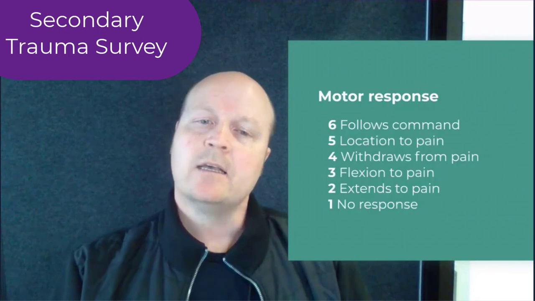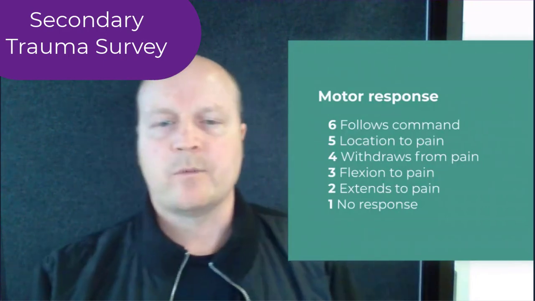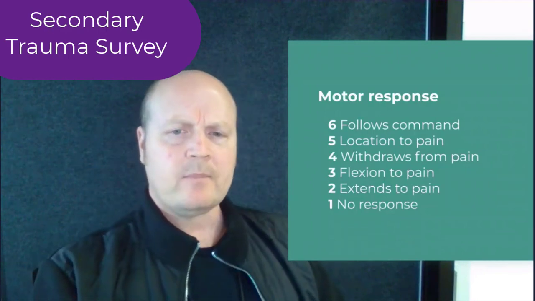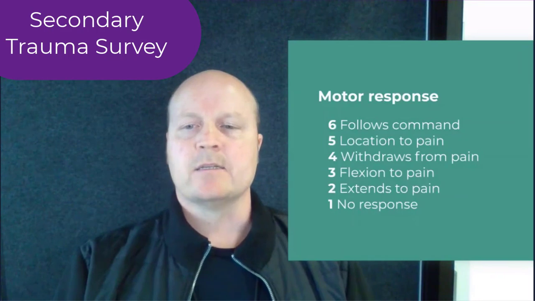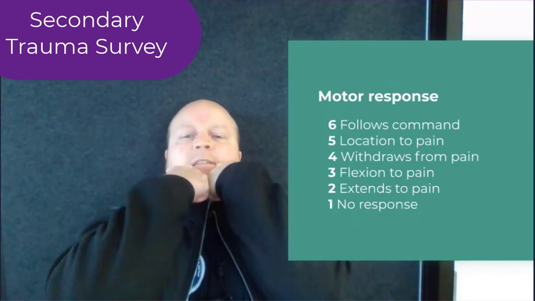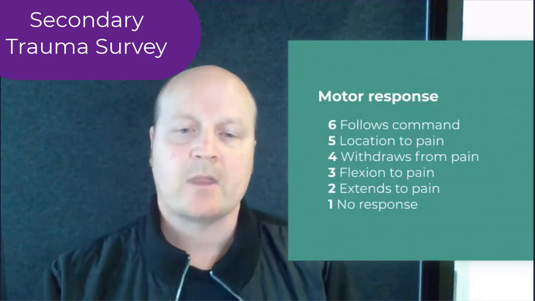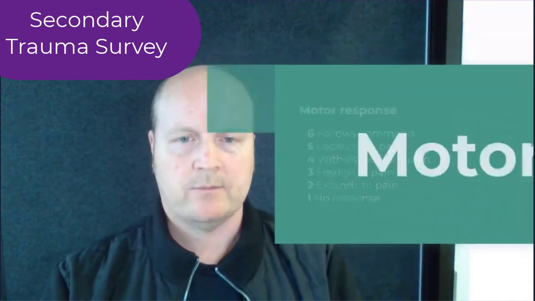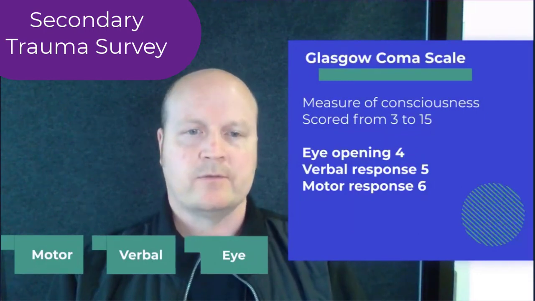If they don't do that, a 4 would be withdrawal from pain, so pulling away from a painful stimulus. And then 3 is abnormal flexion to pain. So when the whole body does a flexion response, and 2 would be extension. And then 1 is no response. So you can only get 3 or a maximum of 15.